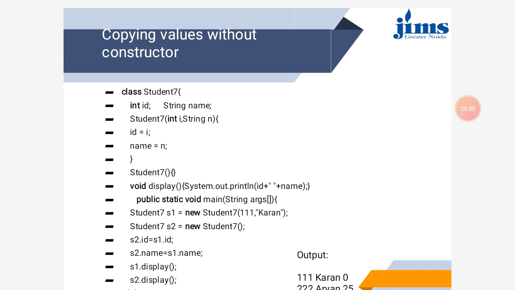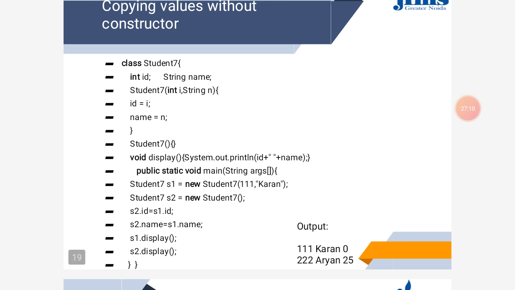So all the two instance variables of the s2 object will be used here, and we can see the result. In this case also, the result will be the same. Whatever values object s1 has, the same values will be in the second one.